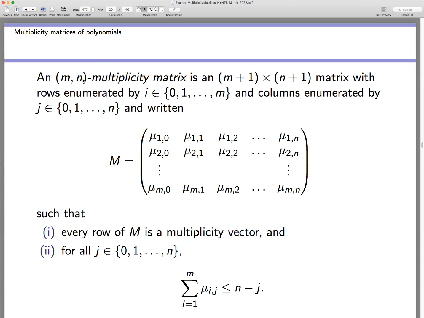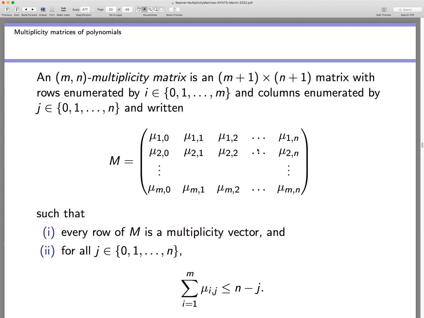So let me define an m by n multiplicity matrix. It's an m plus 1 by n plus 1 matrix of non-negative integers, where, first of all, each row is a multiplicity vector. That means wherever you have a positive coordinate, the next coordinate to the right is strictly one less, and the last coordinate is 0.